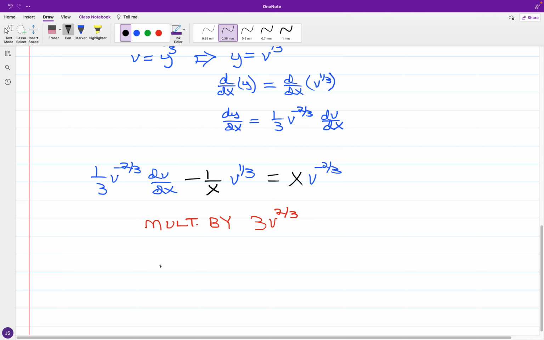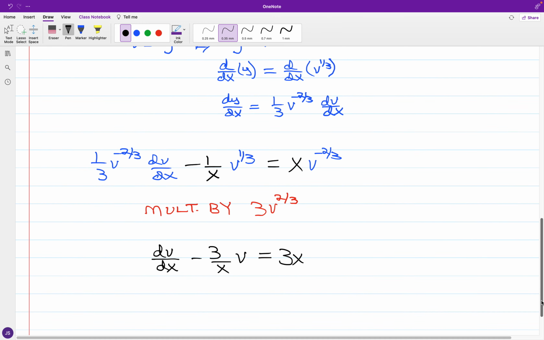So we now have dv over dx, and for v to the 2/3 times v to the 1/3, this will be v, and we have 3 times negative 1 over x, so we're going to have minus 3 over x times v to the first, and that is going to be equal to 3 times x and v to the 2/3 minus 2/3.